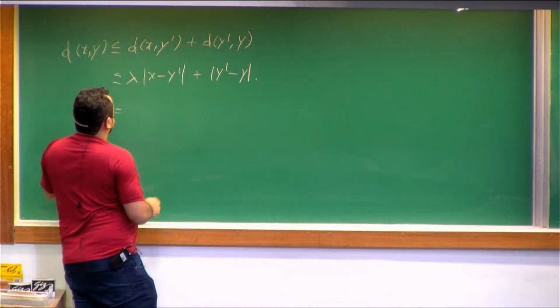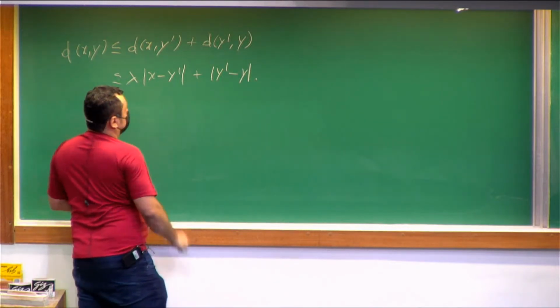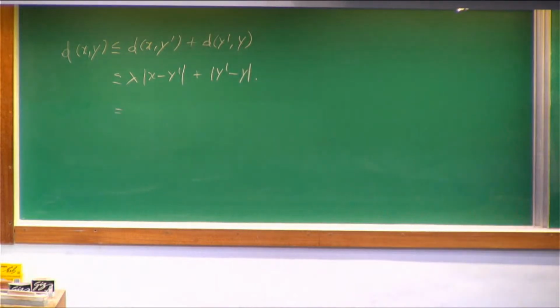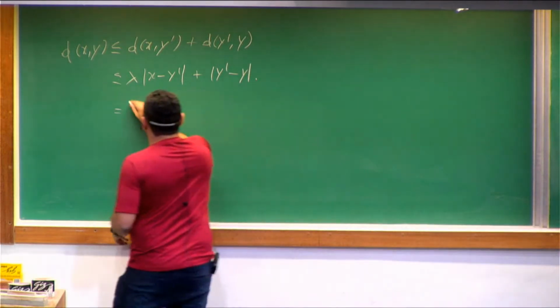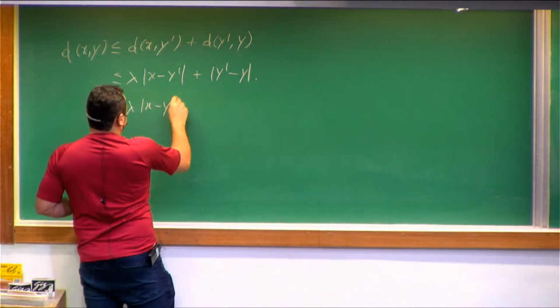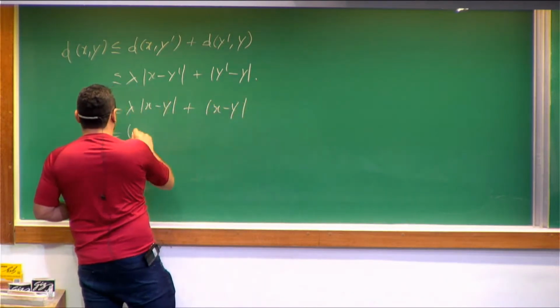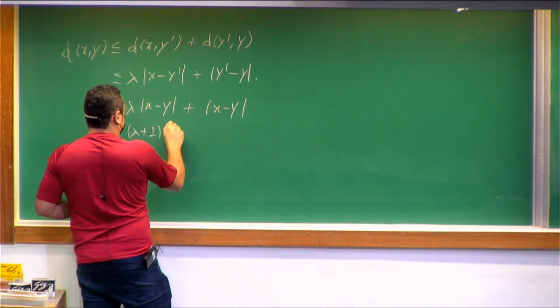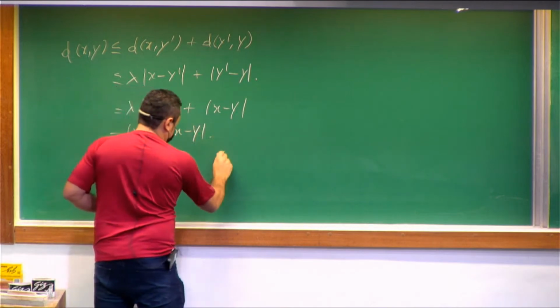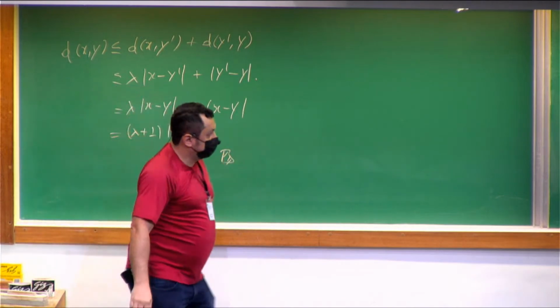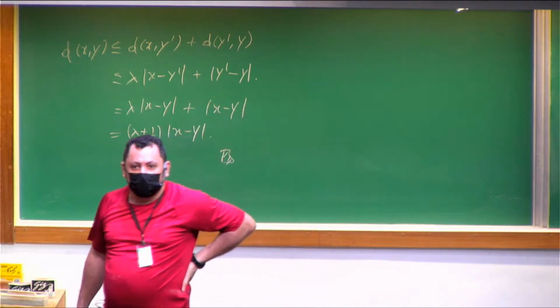And now I use the geometric interpretation here. This length is less than this, and this is less than this. So this is lambda times x minus y, and this is x minus y, and then this is lambda plus 1 times x minus y.